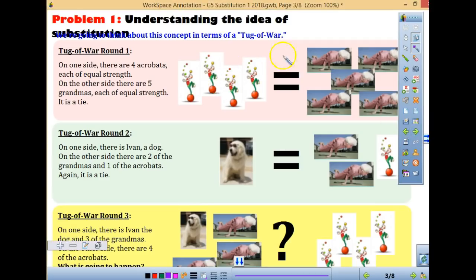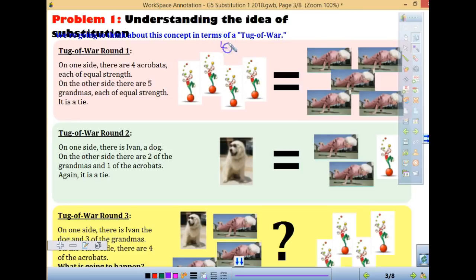Here is kind of a situation that I want you to understand, and if on your own time later you want to try and figure out the solution to this. We've got this tug of war. Round 1: on one side there are 4 acrobats, each with equal strength, and on the other side there are 5 grandmas, each with equal strength, and it's a tie, so it's equal.